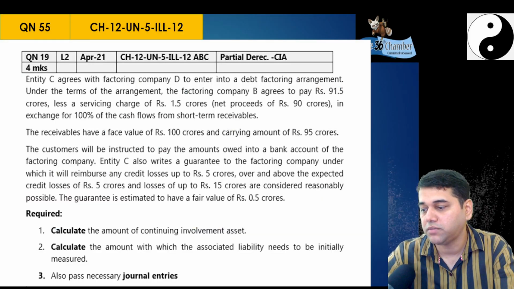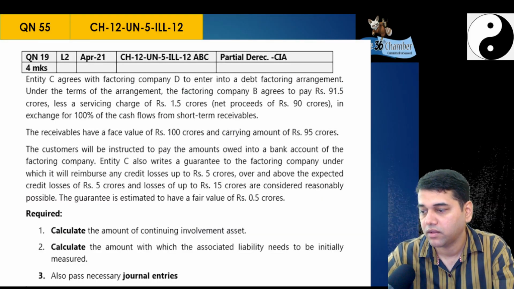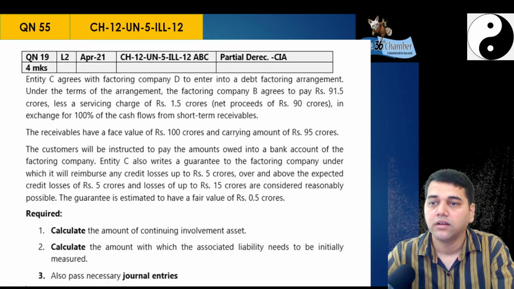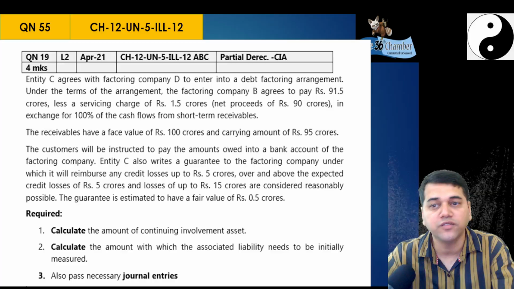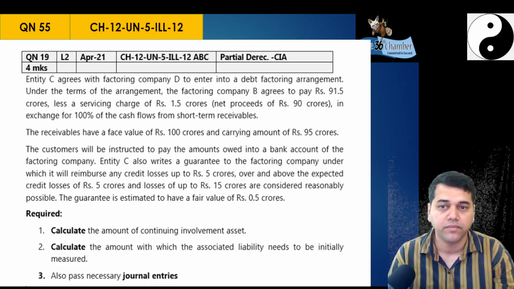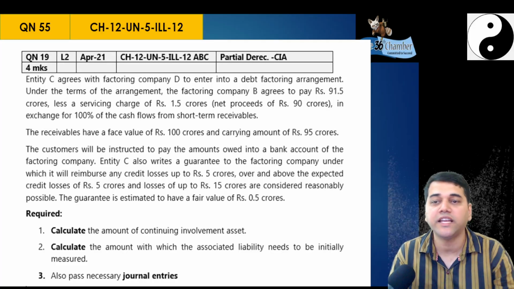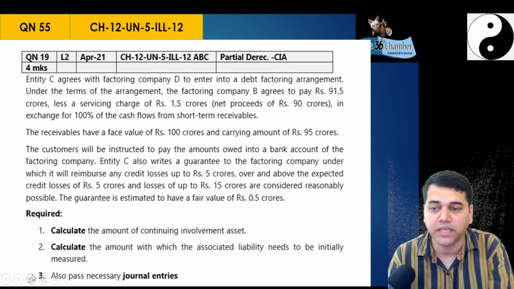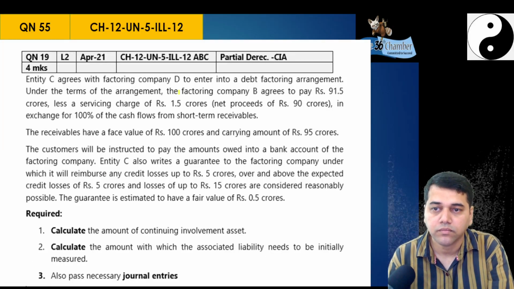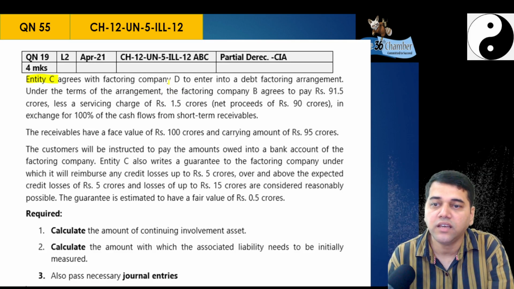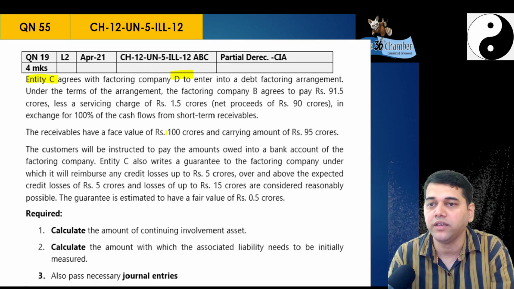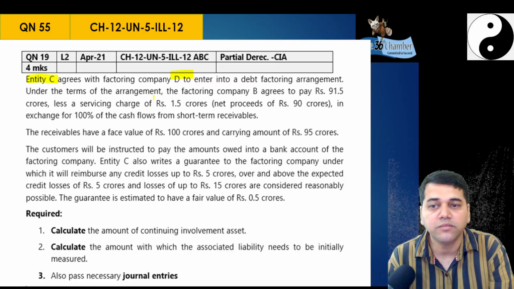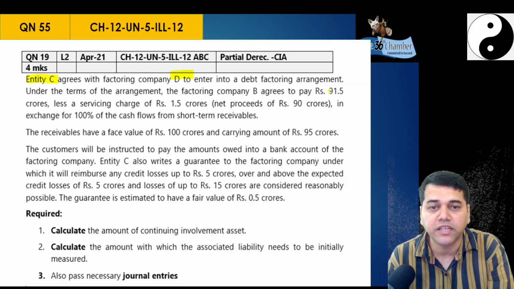Now, question number 55. Entity C agrees with the factoring company D to enter into a debt factoring arrangement. Under the terms of the arrangement, the factoring company B, C and D are the two companies, okay? Under the terms of arrangement, the factoring company B agrees to pay.